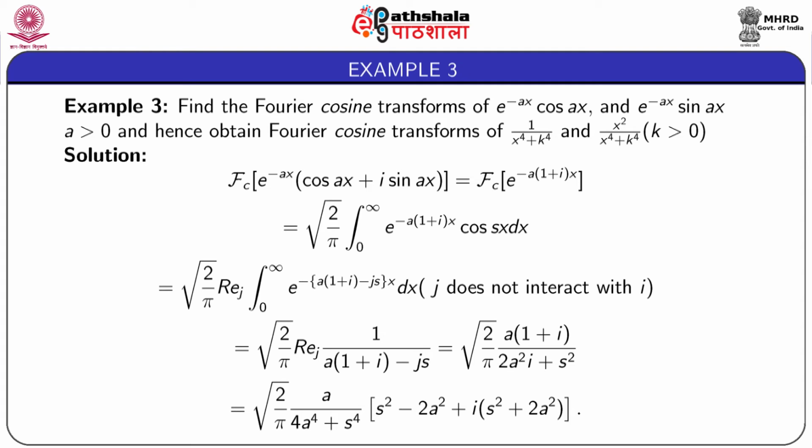Now, simplifying this with respect to I, we obtain integral 2 by pi a by 4a^4 plus s^4 into s square minus 2a square plus I into s square plus 2a square.